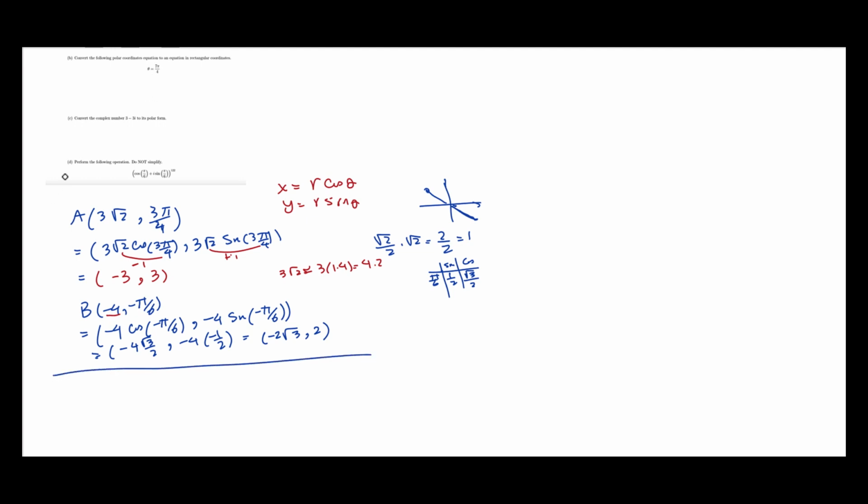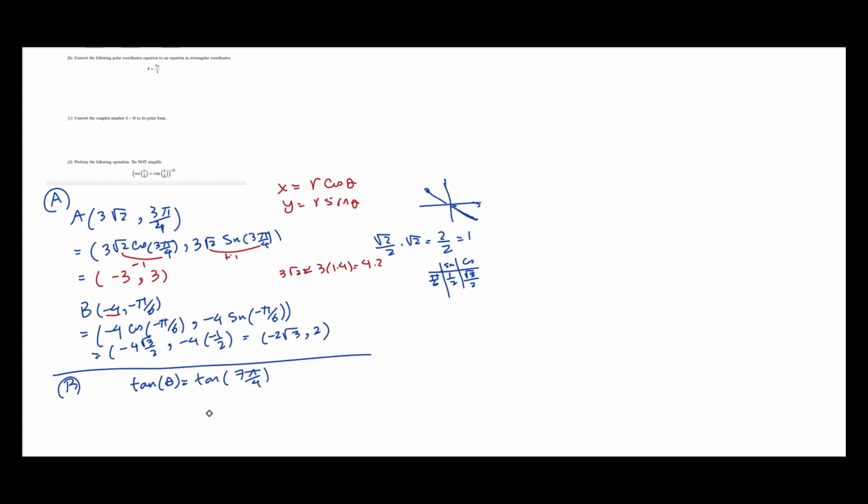Now, the next question is asking you to convert this equation, this one's A, and B is asking to convert that into Cartesian. The best way to do that is using tan. So I go tan theta is equal to tan 7 pi over 4.